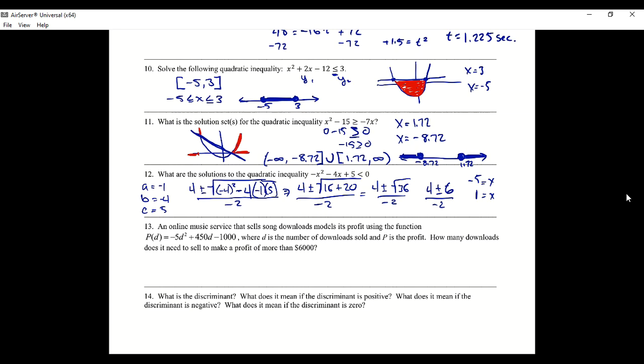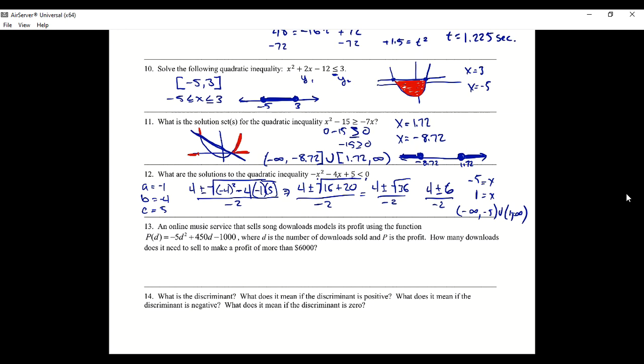So if we check 0, 0 plus 0 plus 5 less than 0, false. So it's outside. So again, we would have negative infinity, and since this is only a less than, we're going to use parentheses. It's negative 5, union 1 to infinity.